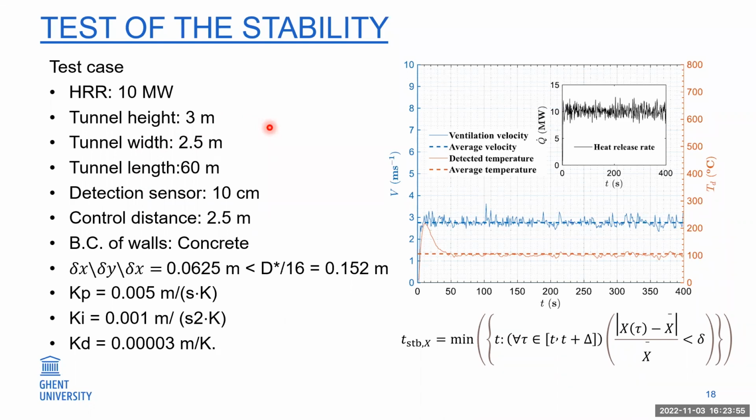The detection sensor is placed beneath the tunnel ceiling by 10 centimeters, and the control distance we set is 2.5 meters. The boundary condition of the walls is concrete material, and the cell size of the mesh is 0.0625 meter, which is much less than the D-star criterion.